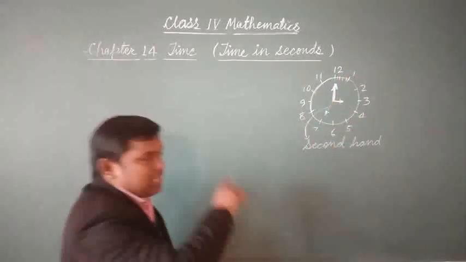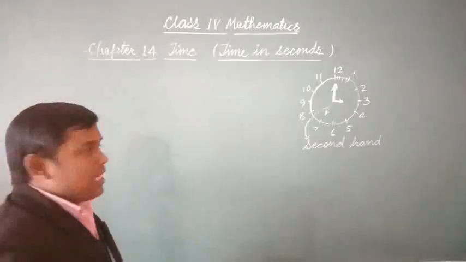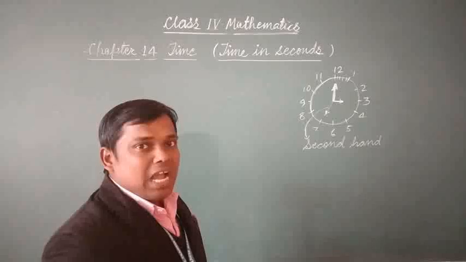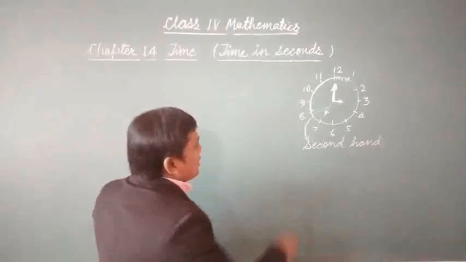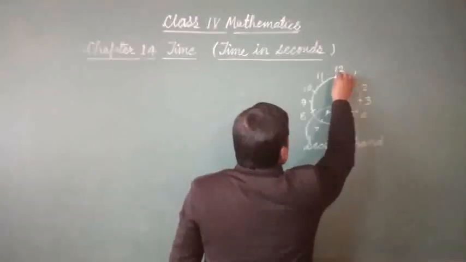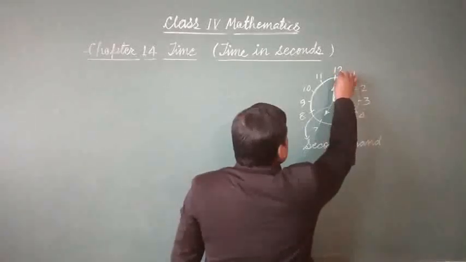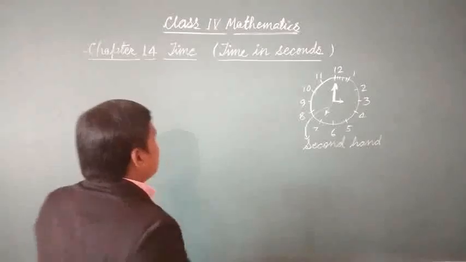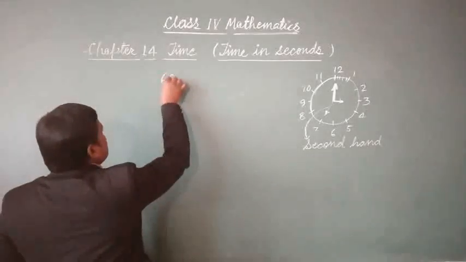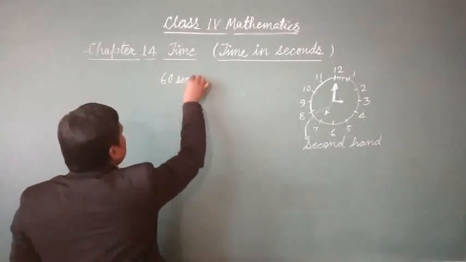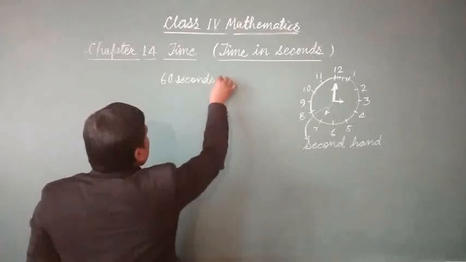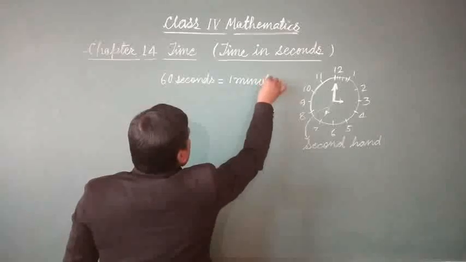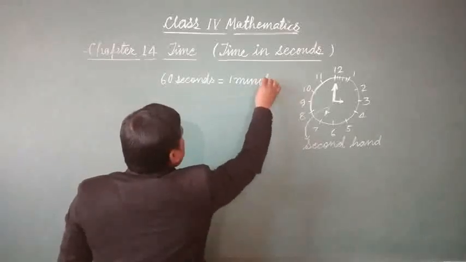So once it makes one complete rotation, it completes 60 seconds, and then the minute hand shifts from this division to this division, meaning 1 minute. So we can say that 60 seconds is equal to 1 minute.